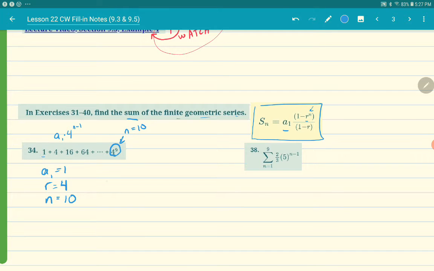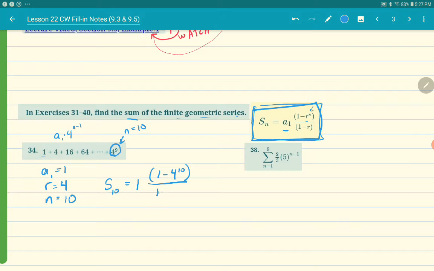Okay, so now I have everything I need to find the partial sum. The 10th partial sum is, using this formula, A1 is 1, times 1 minus R to the 10th. Oops, sorry, R is 4.